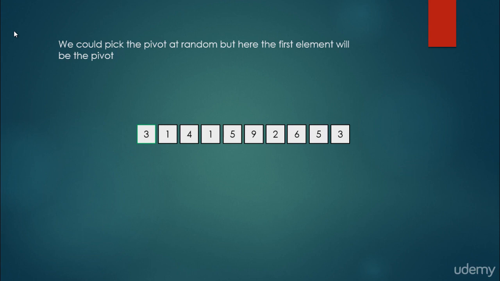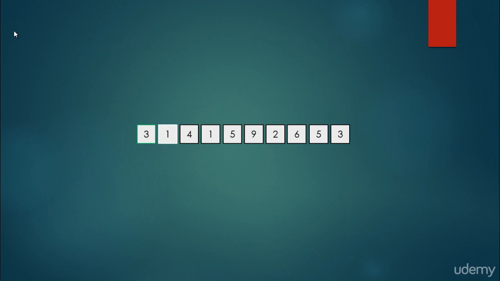In this situation the pivot element is the 3, and we want to find an algorithm that can solve this classification problem easily. So we keep comparing. 1 is smaller than 3, so it's okay, we keep going. 4 is larger, so we mark this item. 1 is less than 3, so we swap the 1 with the 4.